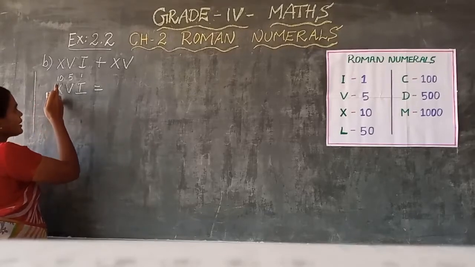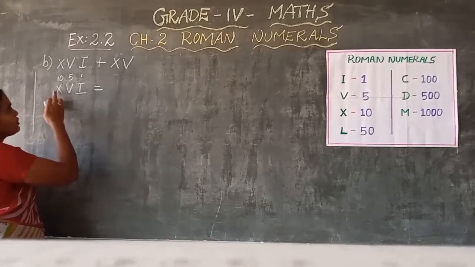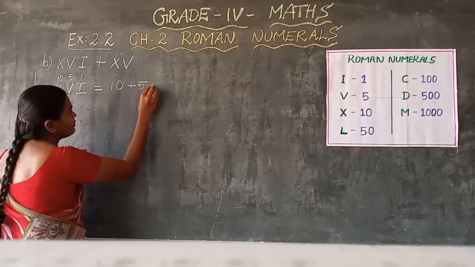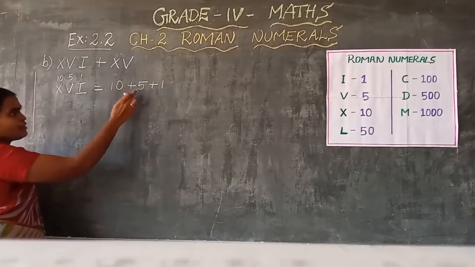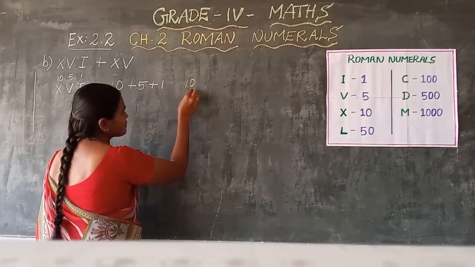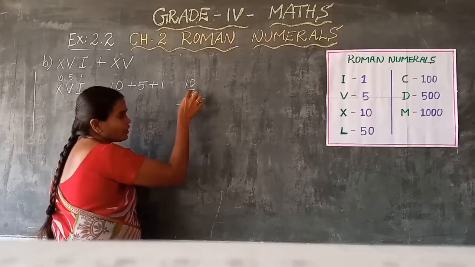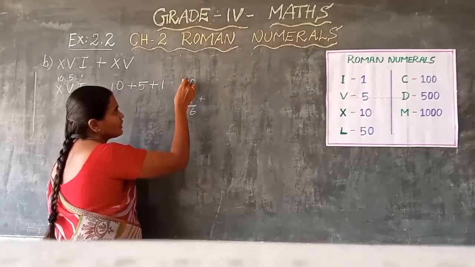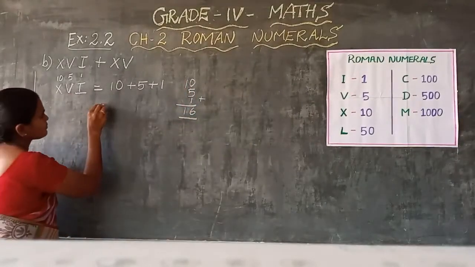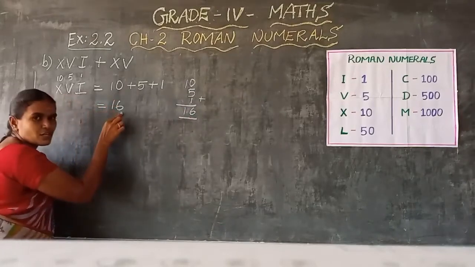Here X is the greatest number and the small numbers are on the right side, so addition: 10 plus 5 plus 1. 10 plus 5 is 15, 15 plus 1 is 16. So XVI equals 16.